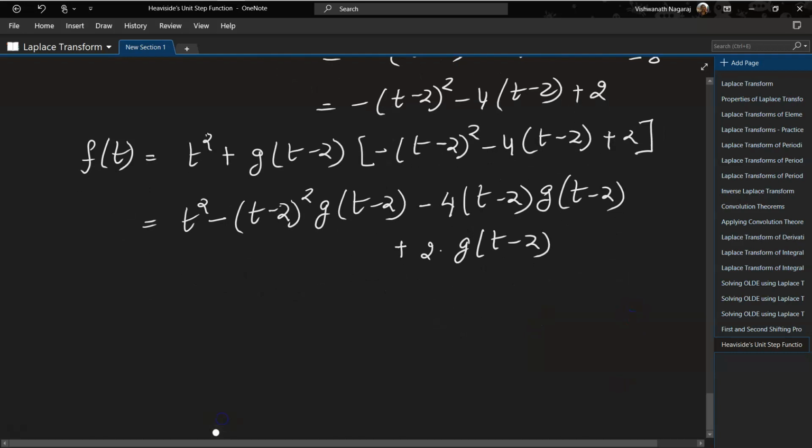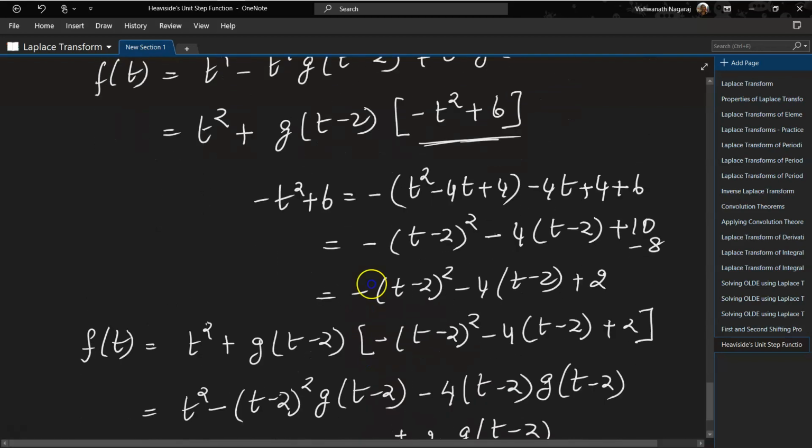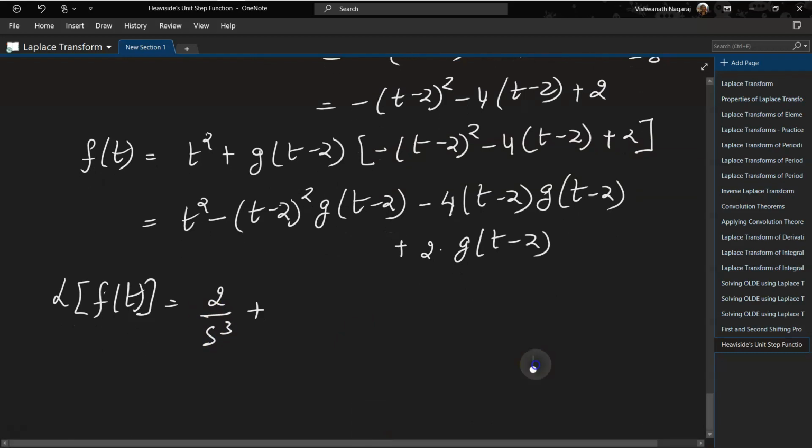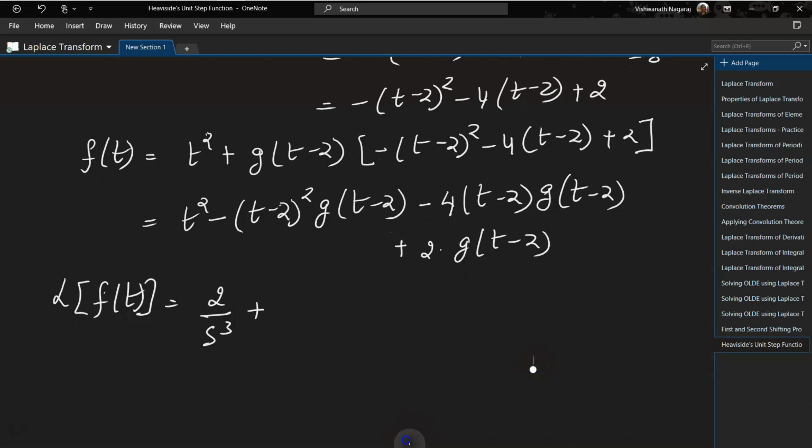And now we know the Laplace transform of all of these. So Laplace of f of t is equal to Laplace of t square, this will be 2 by s cube. This would be applying the second shifting property, right?